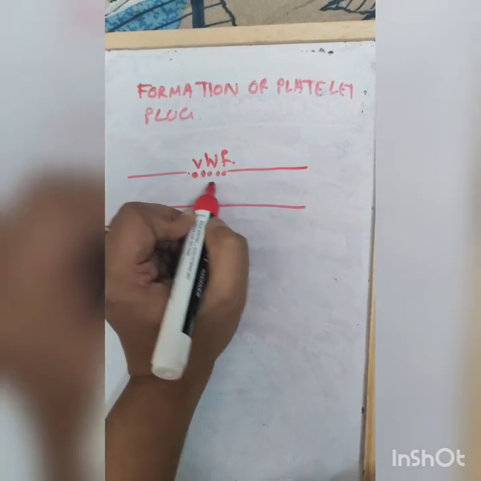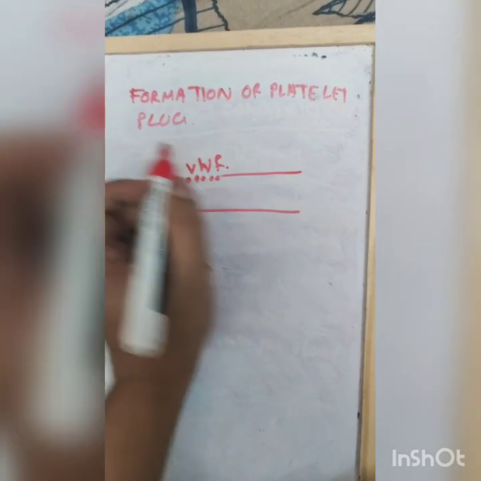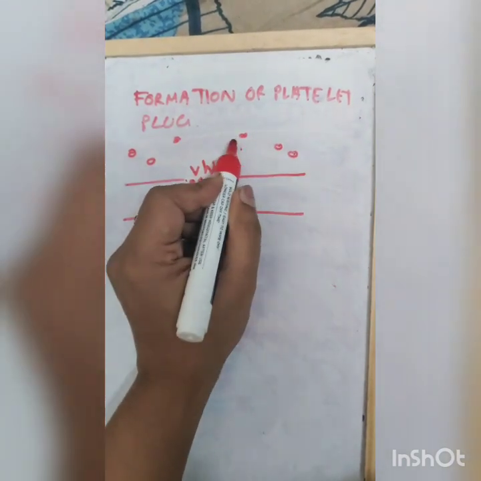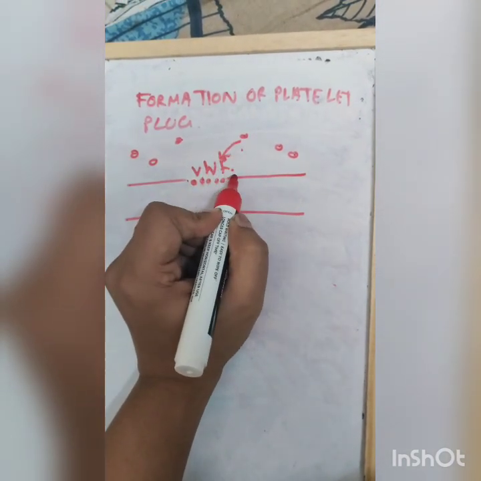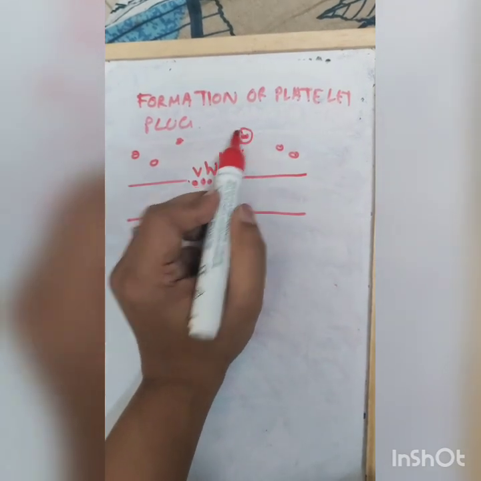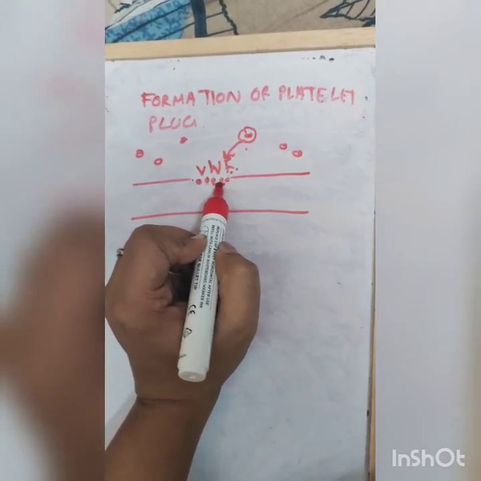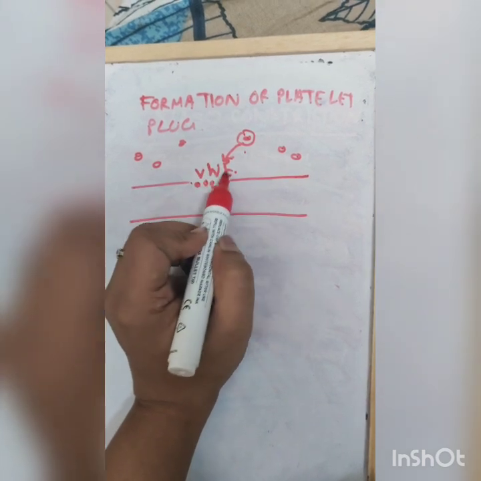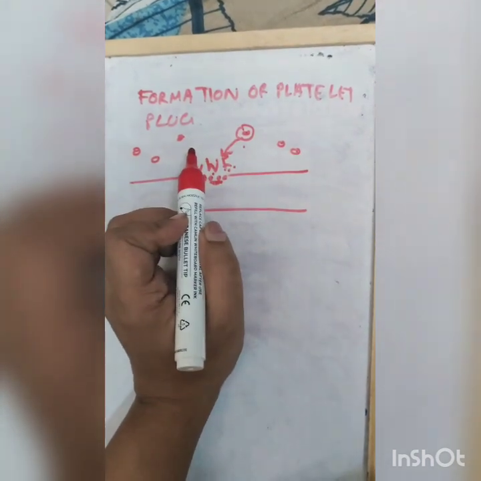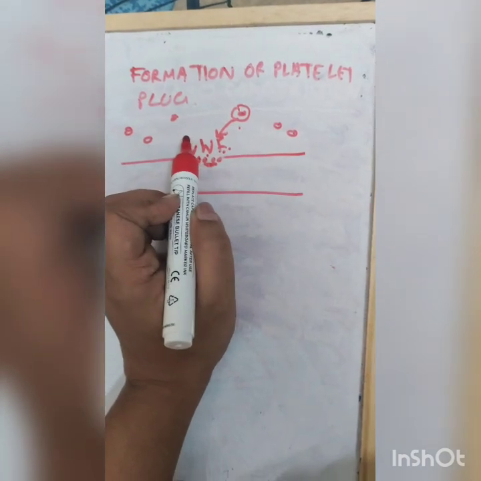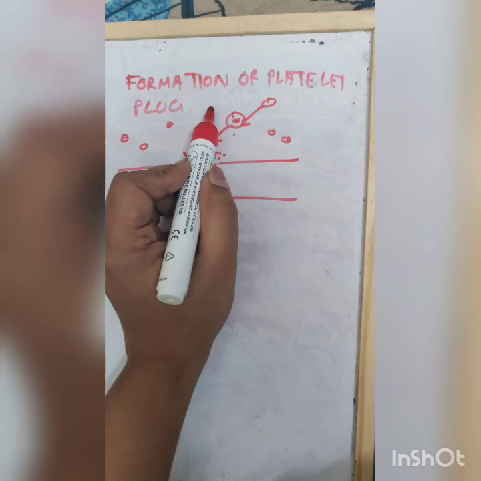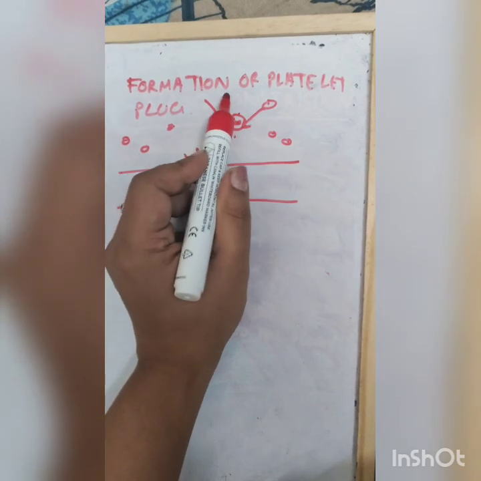von Willebrand factor. Okay. Now the platelets which are present in the blood come in contact with this von Willebrand factor and get attached. Now when this platelet comes in contact with the collagen, with the help of von Willebrand factor, it releases many contractile proteins and other substances which help other platelets to get attracted and attached to these platelets.